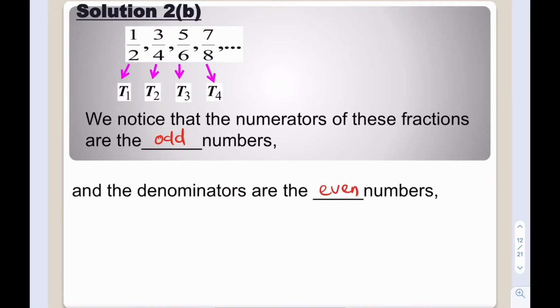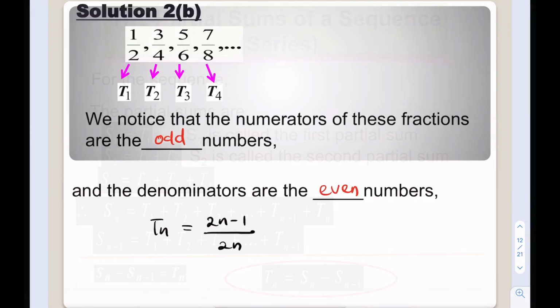From the tips on the previous slide, we can write this sequence as Tn equals to 2n minus 1 over 2n, because the numerators are all odd numbers, whereas the denominator is 2n because all the denominators are even numbers.